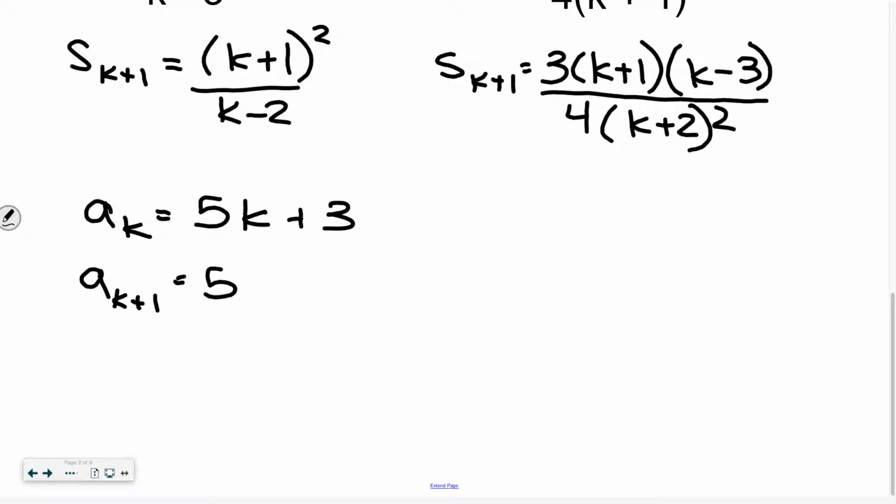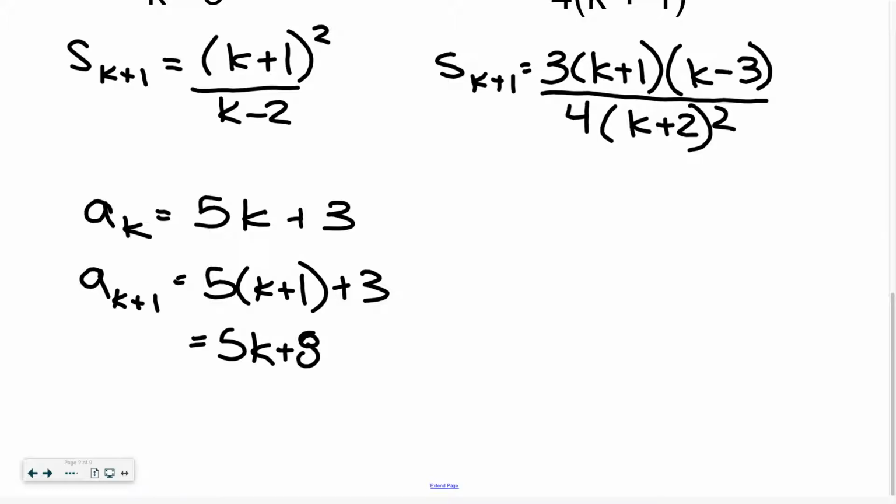So that would be 5 times k plus 1 plus 3. In this case, the 5 distributes to the k and the 1, so that's really 5k plus 5. And then plus 3 would be 5k plus 8. Okay, so you can also get an a sub k plus 1, just like you could get an s sub k plus 1. On that one, this is a good example of it's important to distribute so that you could add the like terms 5 and 3.